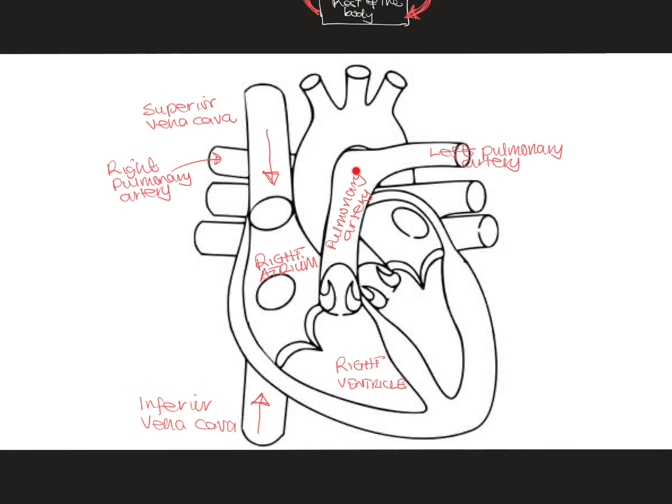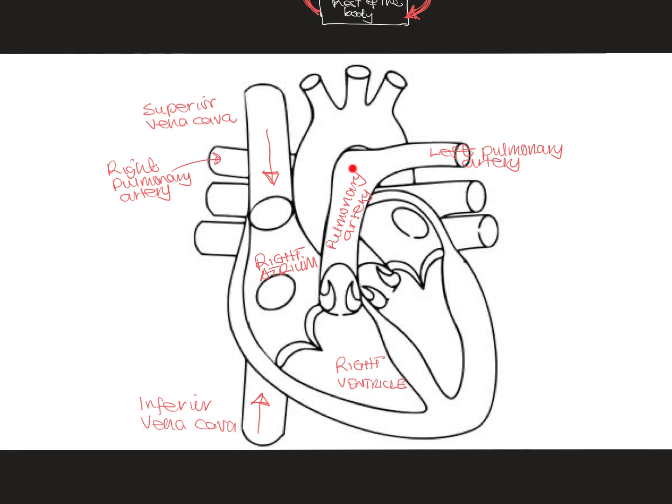Into the pulmonary arteries, the blood that is going to the left lung goes through the left pulmonary artery.